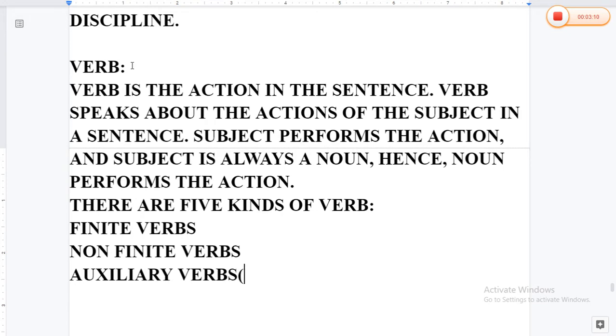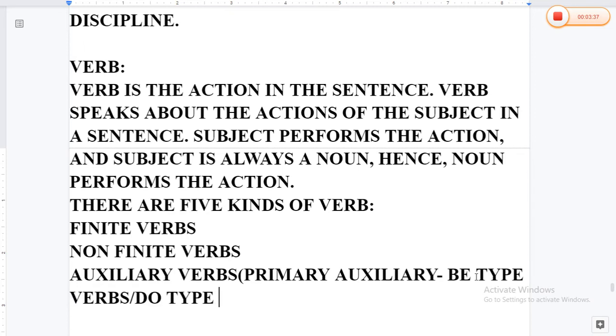These are called primary auxiliary. What are they? They are be type verbs, do type verbs, and have type verbs, auxiliary verbs.